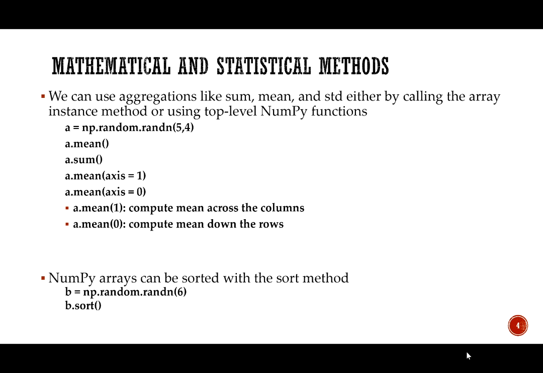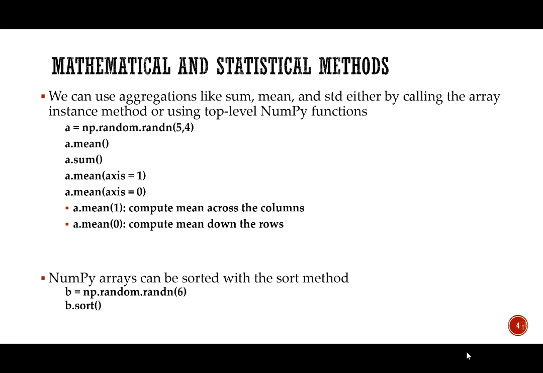So in this example, first we generate a random matrix, and here with np.random, I'm using randn. This is a new function. We generate random numbers from a standard normal distribution, and then the size is 5 by 4. It means 5 rows, 4 columns.